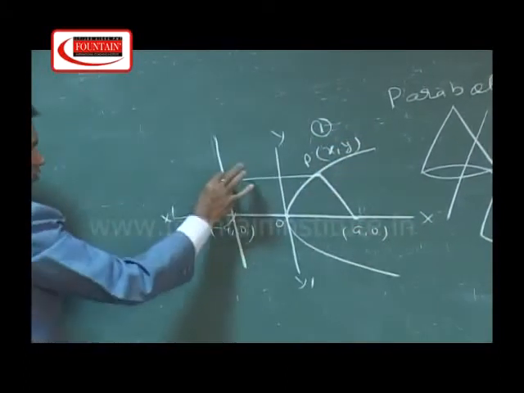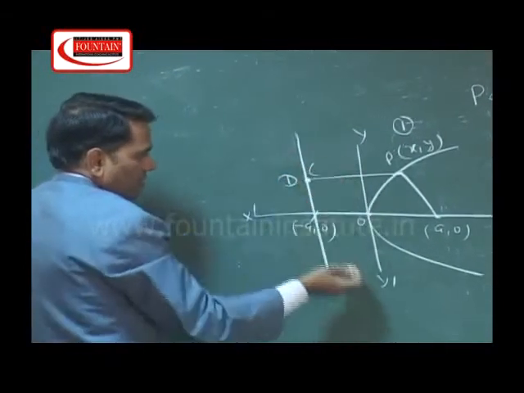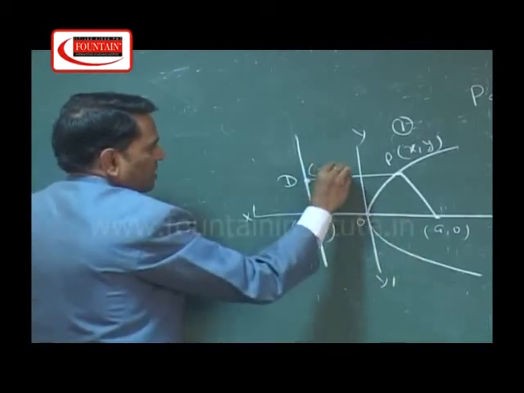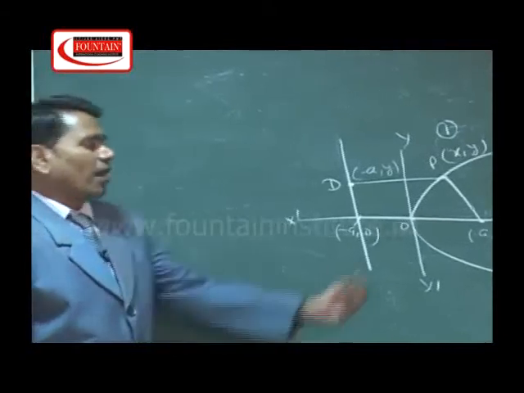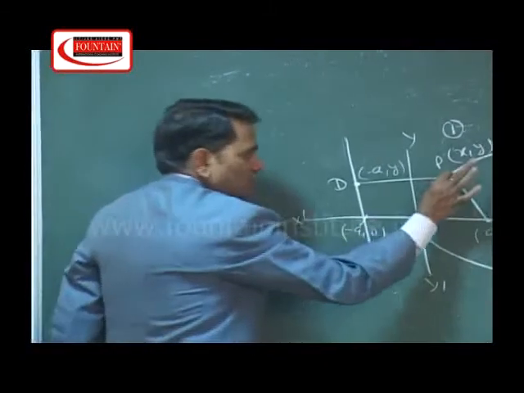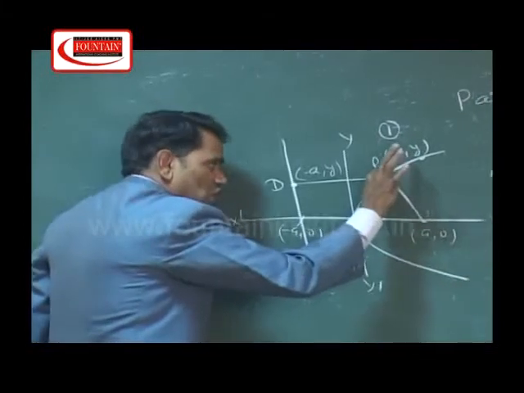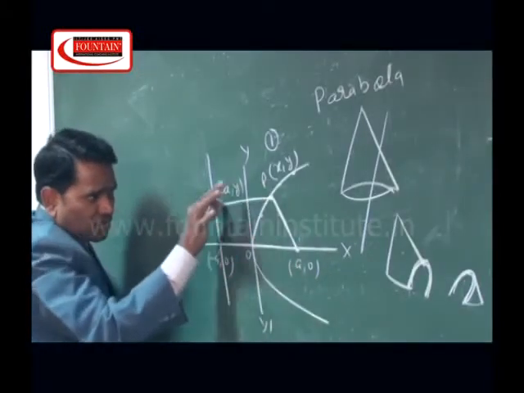So the coordinate of D will be (-a, y). By the definition of parabola, this is the locus of the points which are equidistant from a fixed point and a fixed line.